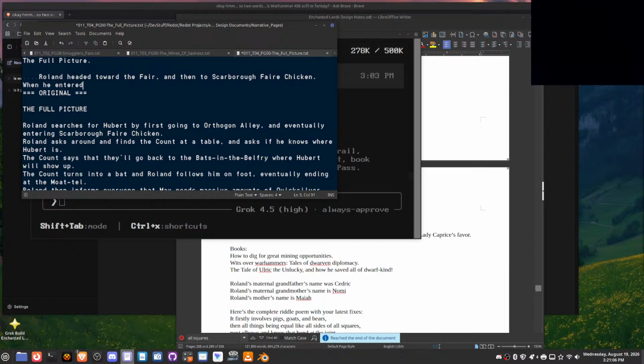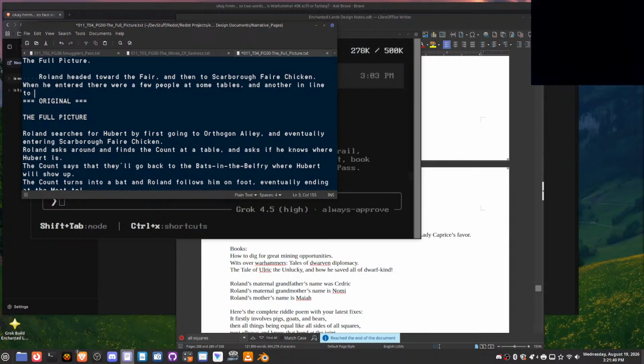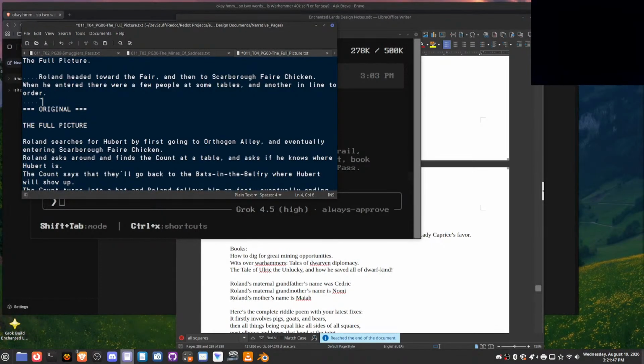When he entered, there were a few people at some tables and another in line to order. He talked to one of the people in line.